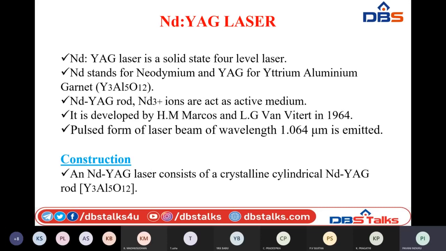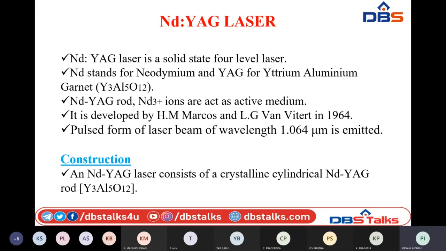So this is the rod we are going to place in the Nd:YAG laser. Out of these 4 materials, Nd3+ ions act as the active medium. It was developed by H.M. Marcos and L.G. Van Uitert in 1964.